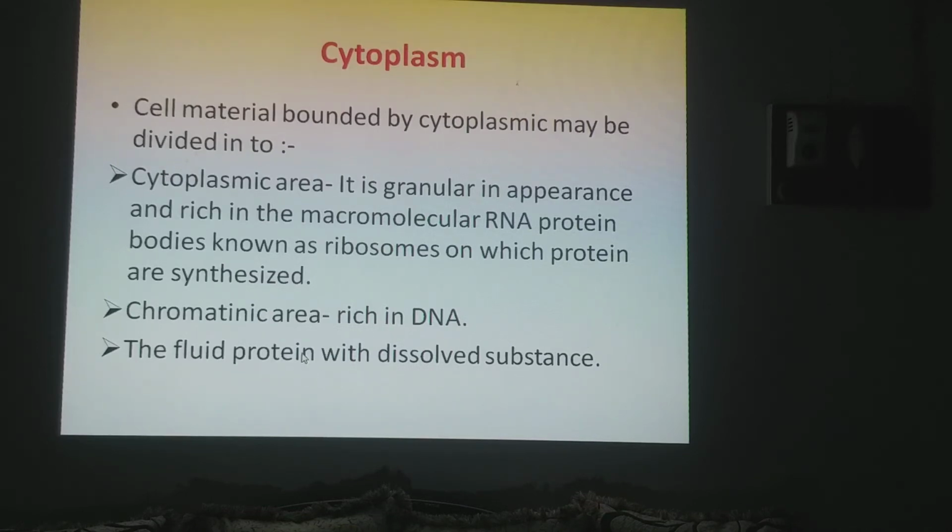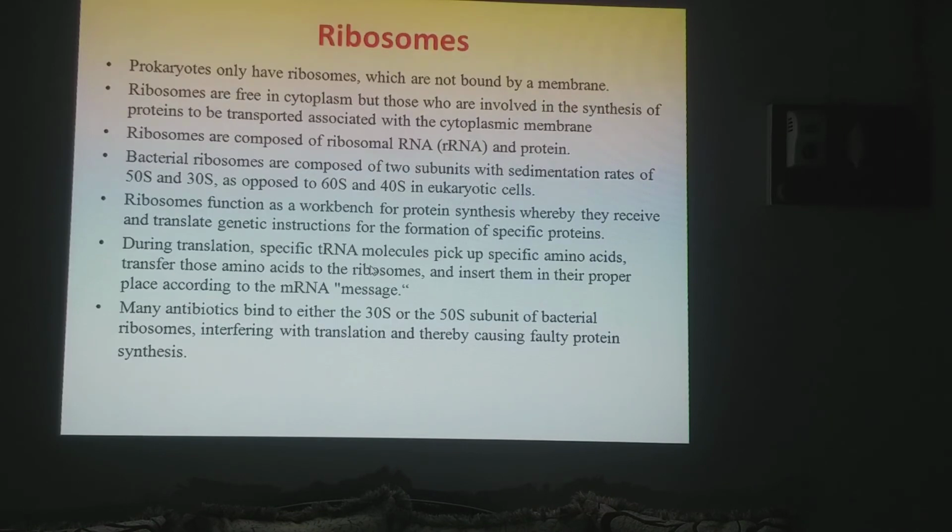So that material is fluid material which remains in the cell. It is granular in appearance and rich in macromolecular RNA-protein bodies known as ribosomes, which are responsible for synthesizing proteins. The chromatinic area is rich in DNA. This is the cytoplasm.